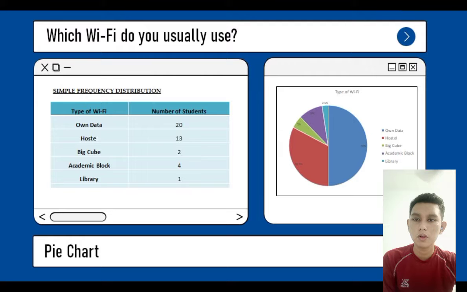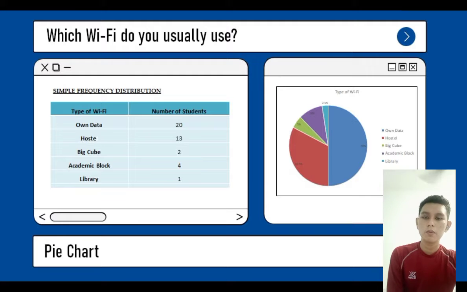Students using their own data make up 50%, hostel 32.5%, BQ 5%, academic block 10%, and library 2.5%.